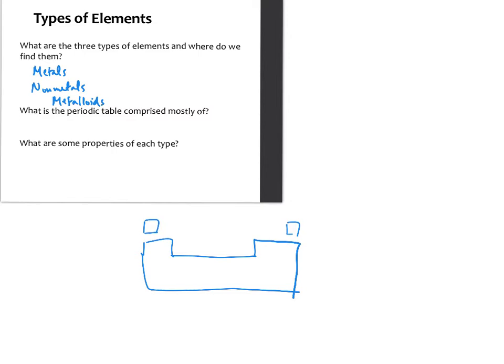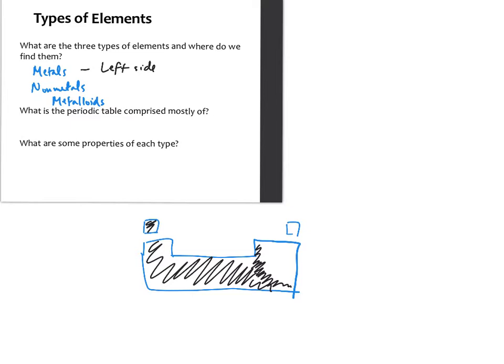It's important for us to know where to find them. Let's start with the metals. All of the metals are over here, mostly towards the left side. Now the nonmetals.